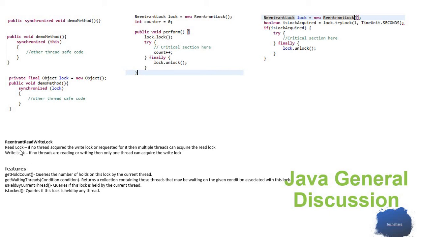In that case, any number of threads can go and read the data in that particular object. That is how the read lock works. The write lock makes sure no one is reading and no one is currently writing, so it allows one thread to write, to modify the object. That is the write lock.